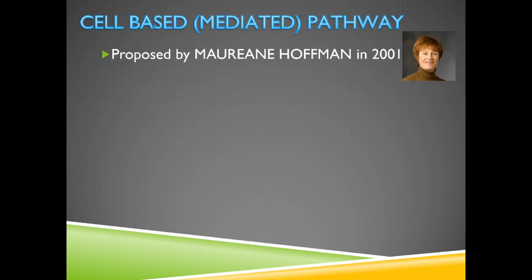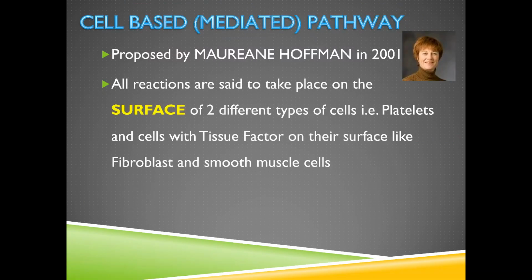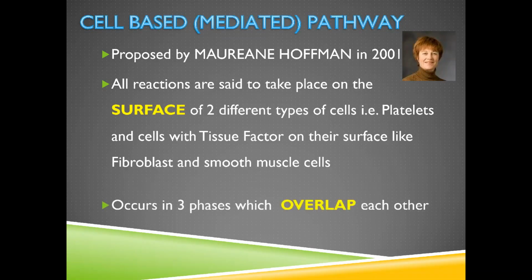In the cell-mediated pathway, it was actually this lady called Maureen Hoffman who described it. All reactions are said to take place on the surface of two different types of cells, mainly the platelets and cells with tissue factor on their surface, like fibroblasts and smooth muscle. It occurs in three phases which overlap with each other.